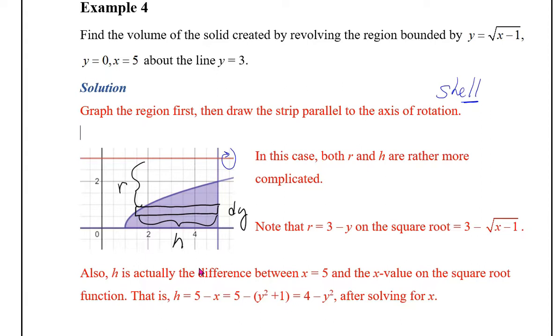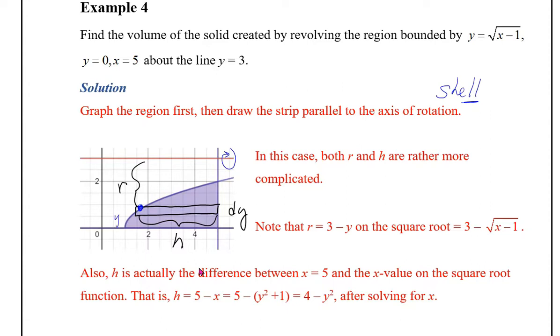In this case, or in all cases, the radius goes from the axis of rotation to the strip at any point along the strip. It'll be the same everywhere. In our case, notice that this value right here is given by the y value, which is on the curve, square root of x minus 1. However, the radius is not that y value. The y value is measured from the x-axis up.